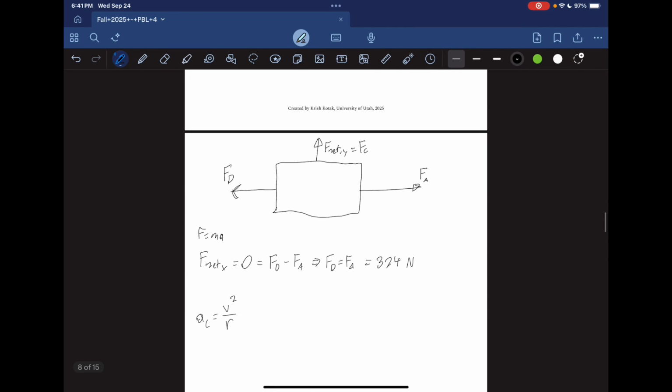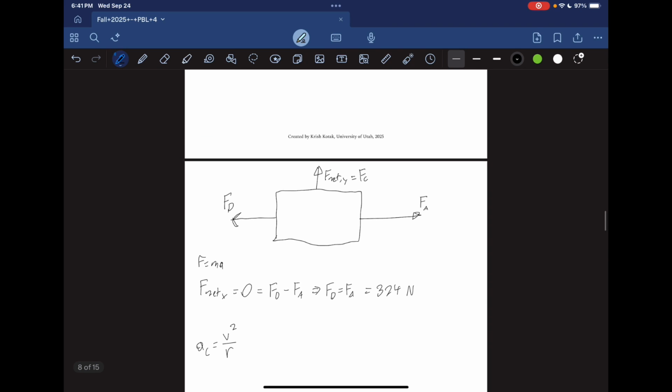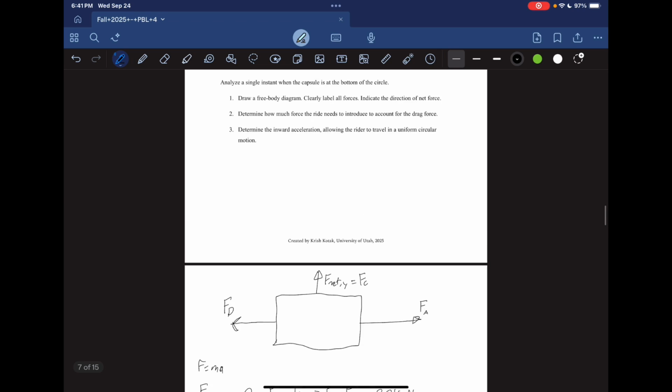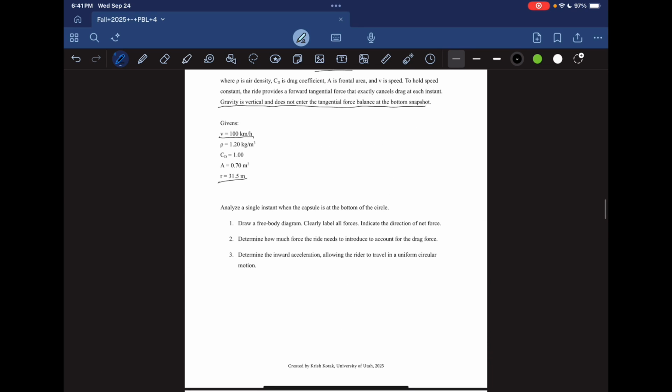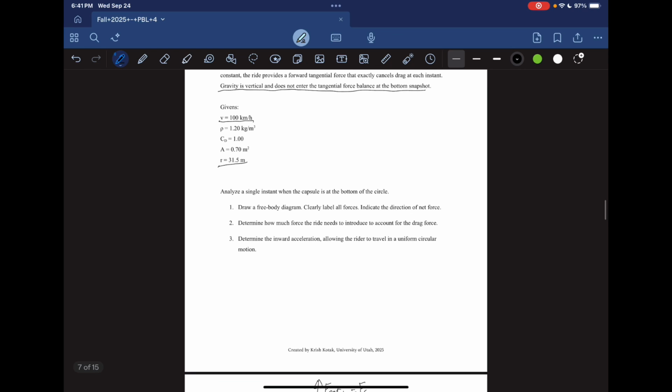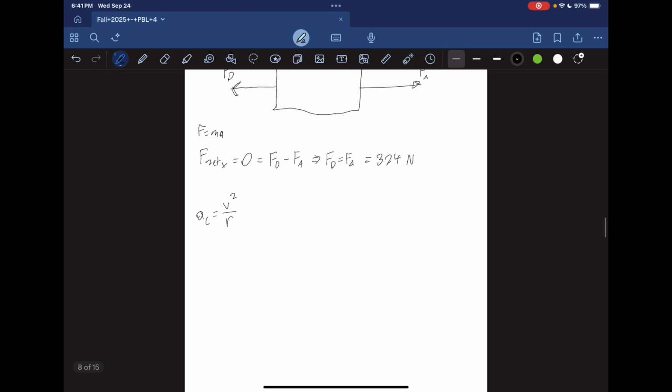Okay, I see the problem that I had, and I'm actually really happy that this problem happened, that I overlooked this, because it's a very good thing to point out. The velocity is given in terms of kilometers per hour, whereas the radius is given in terms of meters. So we have to convert velocity from kilometers per hour to meters per second.